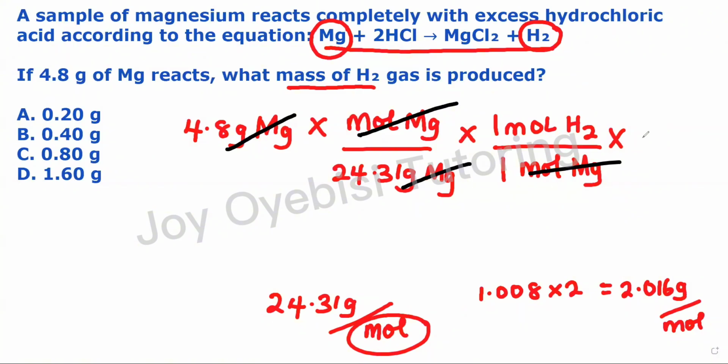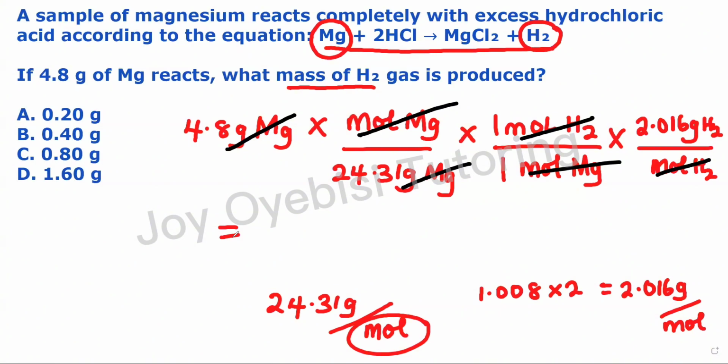We're going to put that as it is here. Because we want the grams, we keep the grams on top. Okay, the mole hydrogens we cancel out, and that leaves us with the final step, which is grams of hydrogen. Mass is in grams, and that is where you stop.